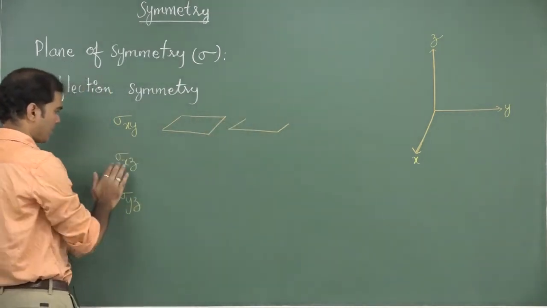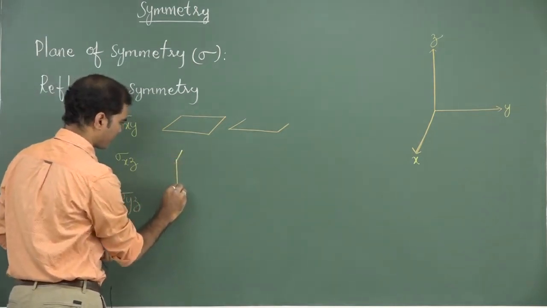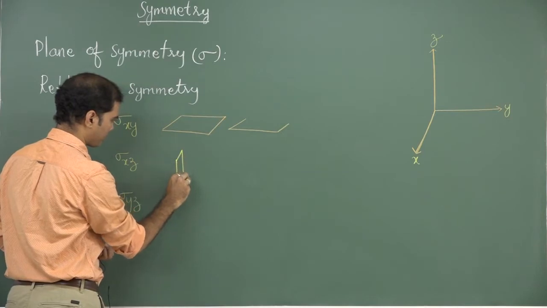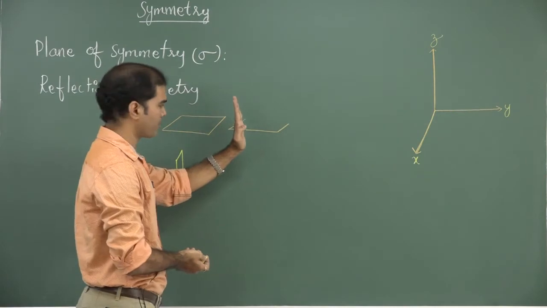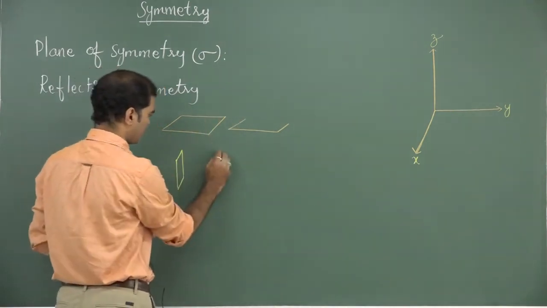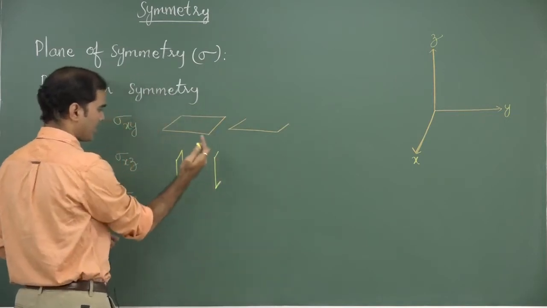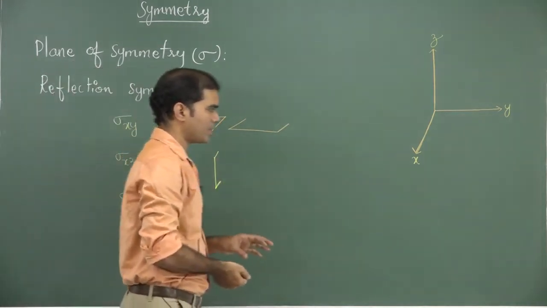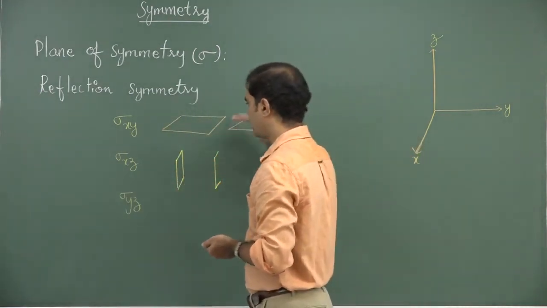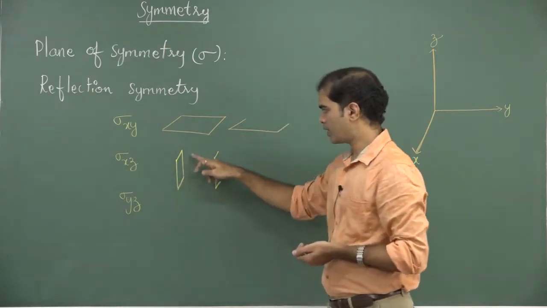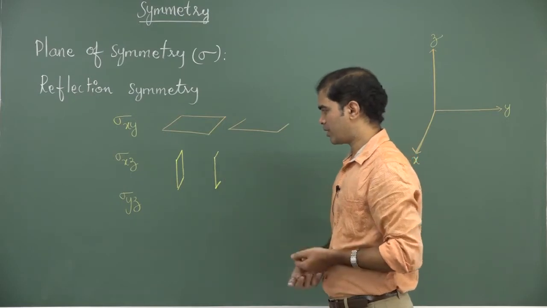Coming to the xz, this is an xz plane. Again we can represent it with a half plane. For our easy representation, every time you need not draw a full plane, we can just go by half a plane. In a similar way for xz, instead of showing this full plane, we may just represent it with a half plane. That will be more than enough.